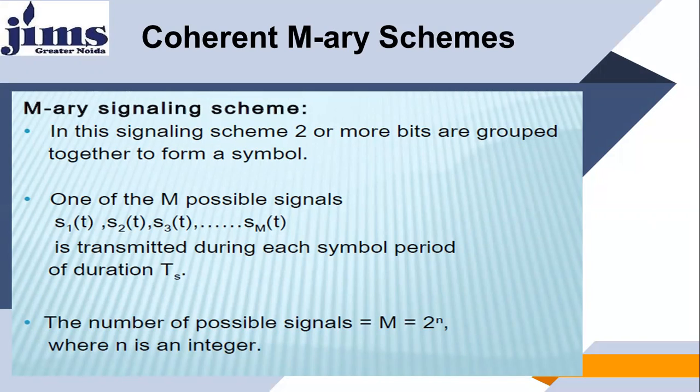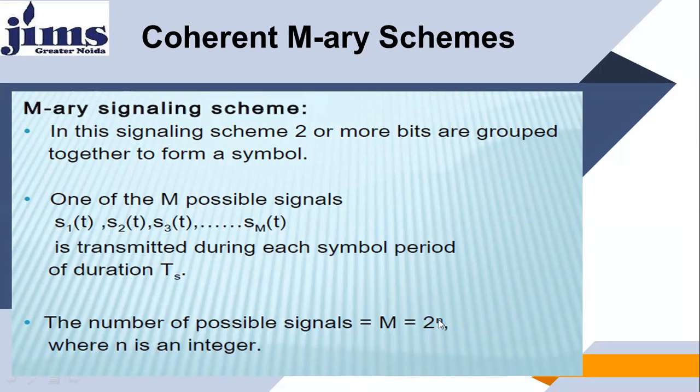So how do you know how many signals you get after combining 2 or more than 2 bits? It's a general mathematical formula. For example, in the case of QPSK, where n is equal to 2, 2 to the power 2 is equal to M. So you have M possible signals. The number of possible signals in general is M equals 2 to the power n, where n is an integer.